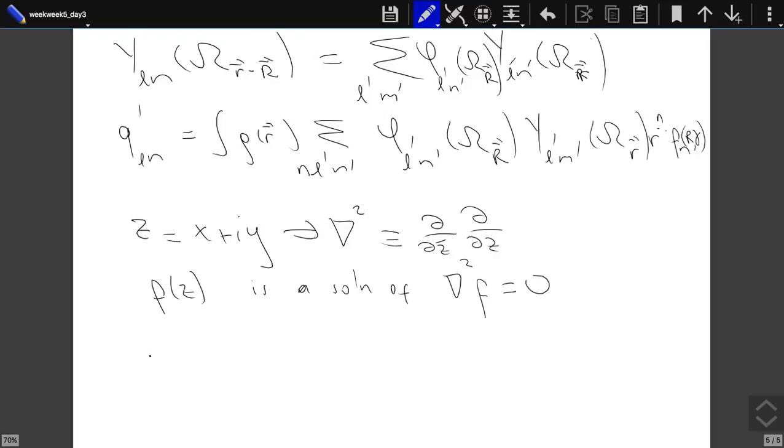Now, furthermore, you can transform z to another variable, omega of z, a change of variables. Then the Laplacian with respect to z is proportional to the Laplacian with respect to omega, if this transformation is analytic.